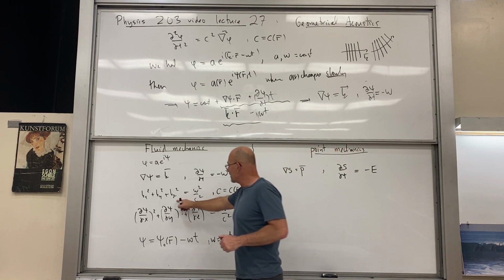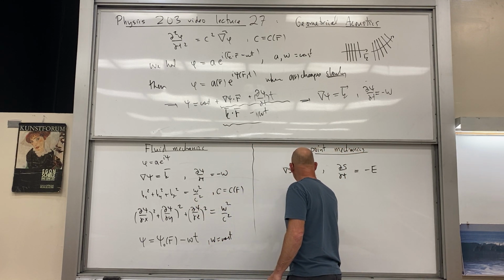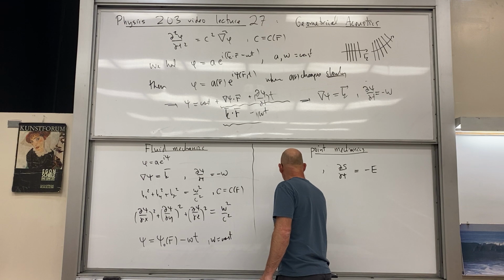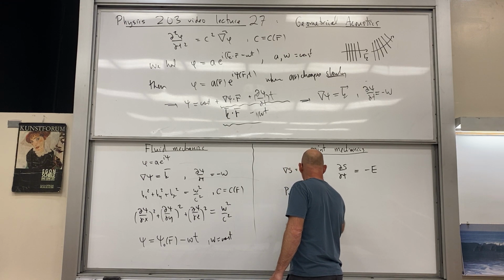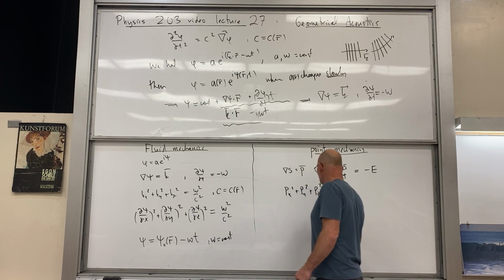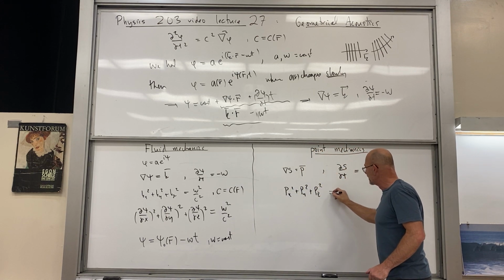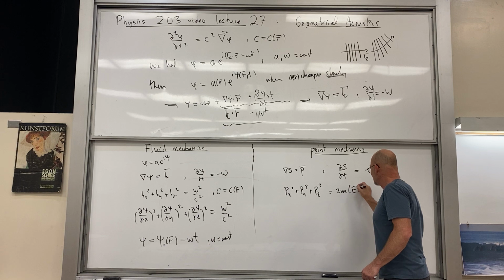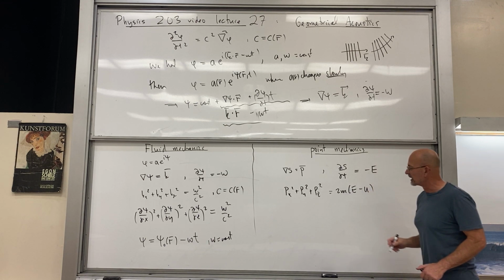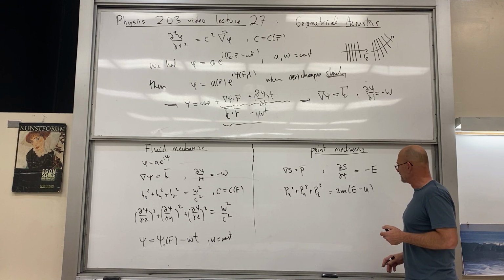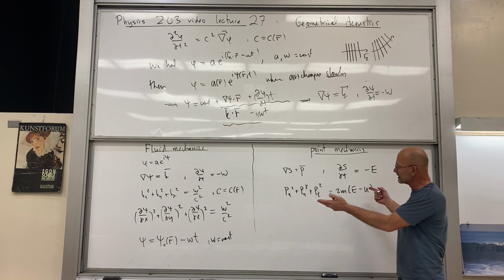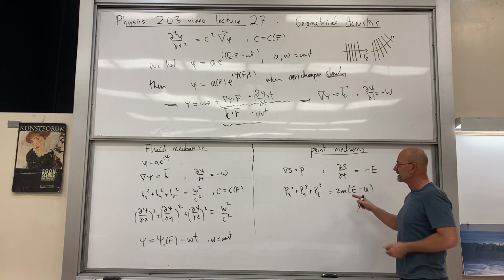And then here we have px squared plus py squared plus pz squared. When we solve for p squared, it's 2m(E minus U). Okay, that's just from the Hamiltonian.